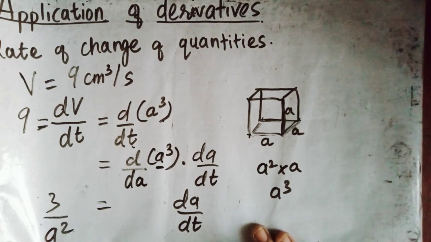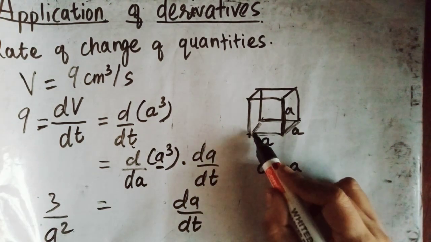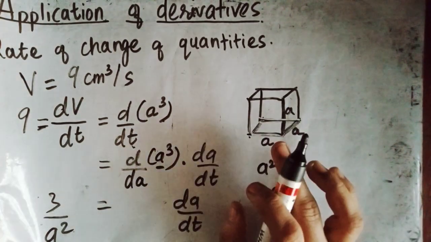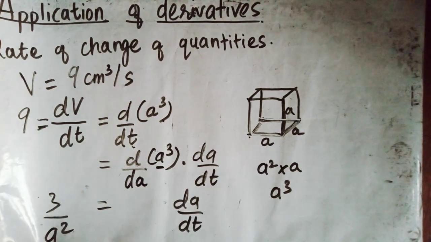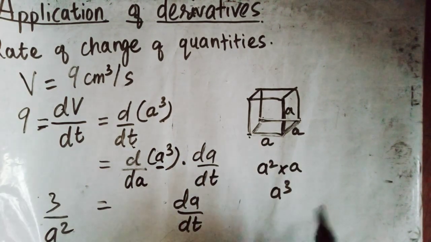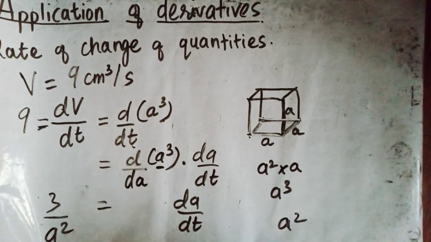is 10 centimeter. So you have to take the formula of surface area. Now here, what is the total surface area of a cube? Since there are 6 faces, and all the faces are squares, the area of one face is a square. So the area of 6 faces will be 6a square.